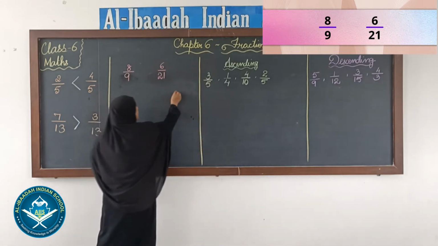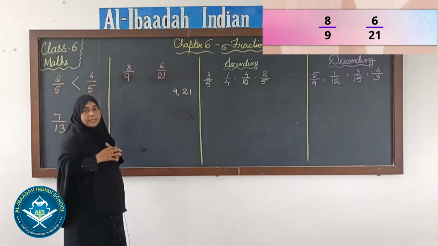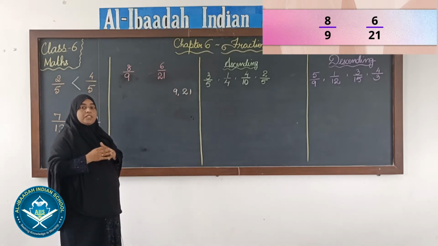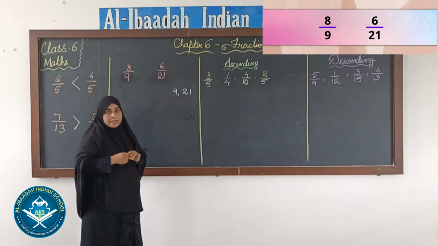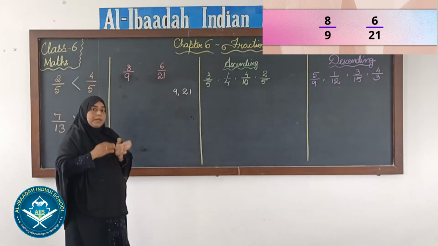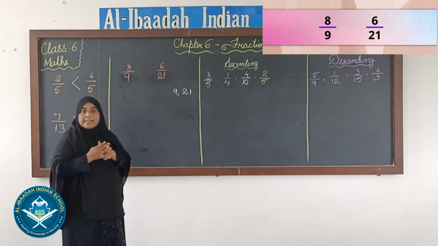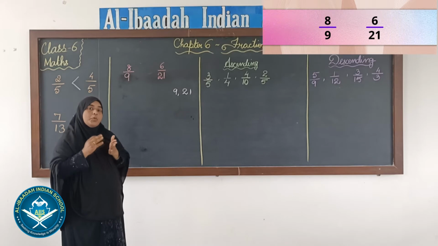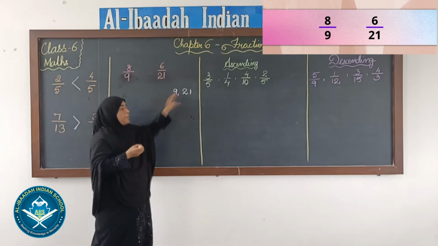9 and 21. These are the denominators that we have. We need to first find the LCM of these two denominators. If you remember in my previous video, we have done the HCF, right? How to find the HCF. What we were doing there? We were trying to find the common factor, the number that divides both the numbers.